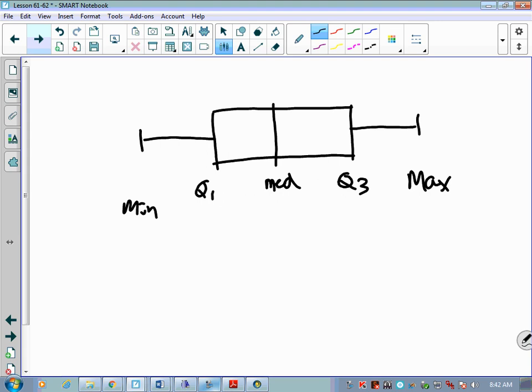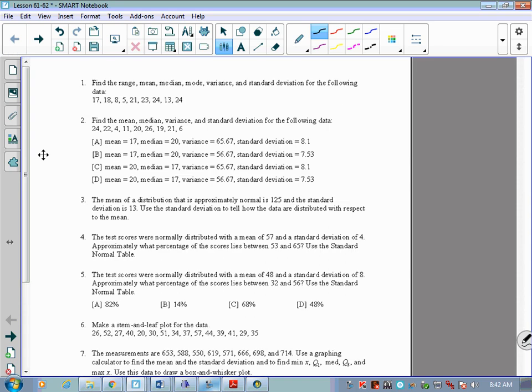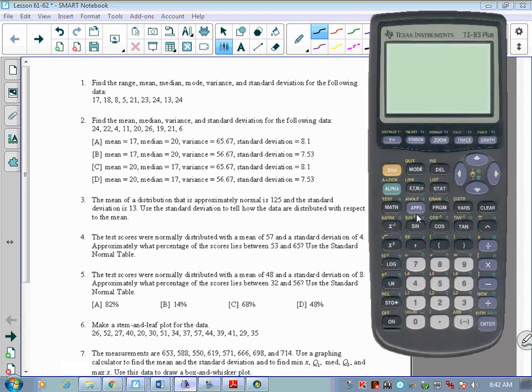Let's plug that in our graphing calculator. We like graphing calculator days. Stat, I'm going to go ahead and clear out that list 1. All right, what do we have?